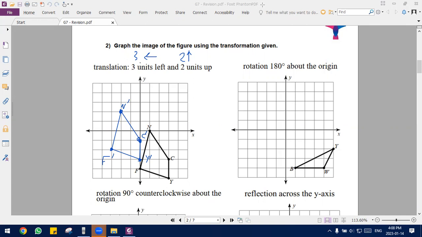Now for the rotation, 180 degrees. Sorry. As I said, when we have rotation or reflection, you need to know the mapping notation.